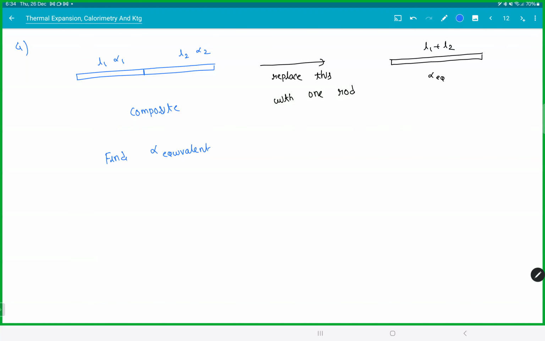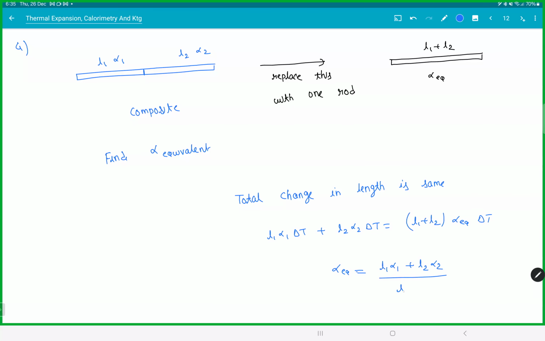So they should have same change in length. So whatever elongation you have for that composite rod, it should be same for this big rod. So L1 alpha 1 delta T plus L2 alpha 2 delta T must be equal to L1 plus L2 alpha equivalent delta T. Therefore, alpha equivalent is (L1 alpha 1 plus L2 alpha 2) by (L1 plus L2).